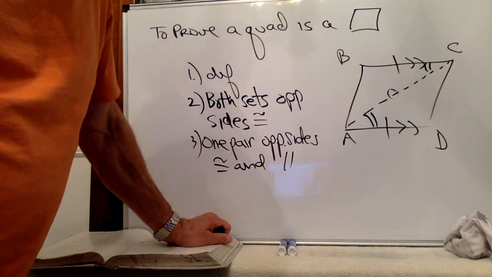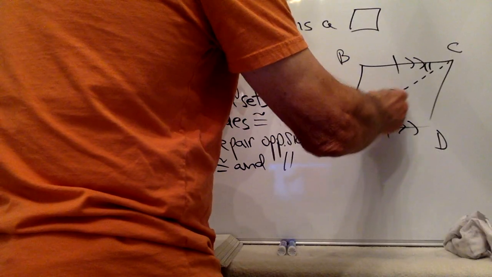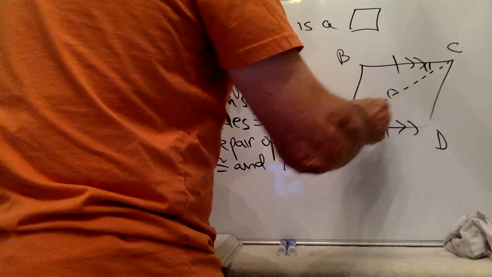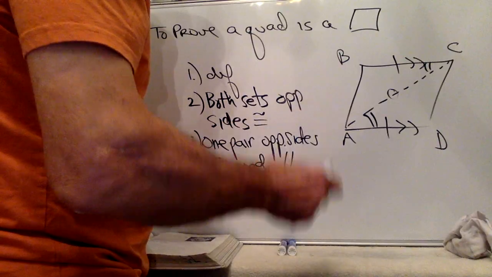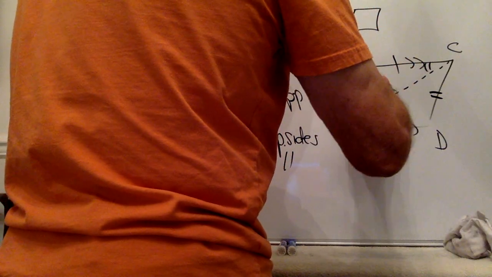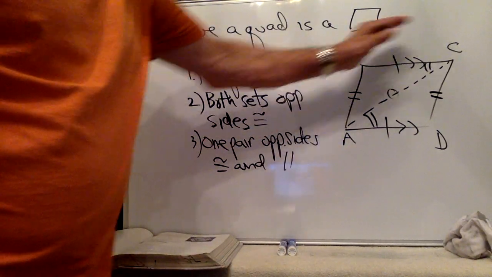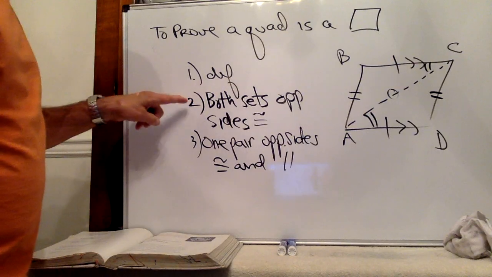AC is congruent to itself, reflexive. So this triangle and that triangle are congruent by side angle side, common side. Since that's the case, corresponding parts CD and AB are congruent, making that a parallelogram by statement 2.